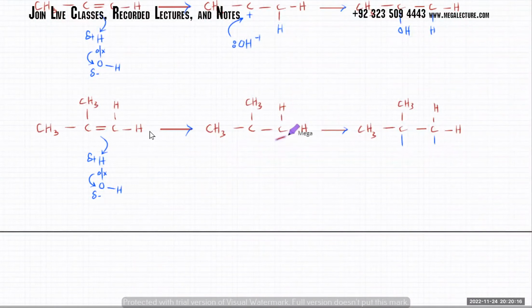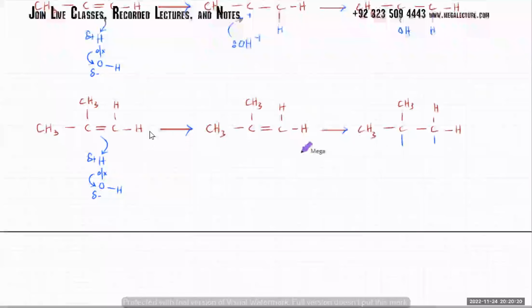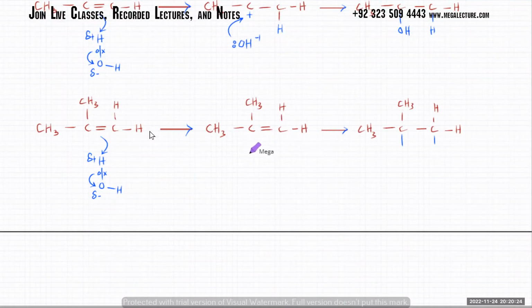I had electrons in the double bond, right? So we had electrons in the double bond, and we had an H plus 1, and we had OH minus 1. It was heterolytic bond fission. But now what happens is the H instead attracts electrons and bonds with the carbon that's on the left side.